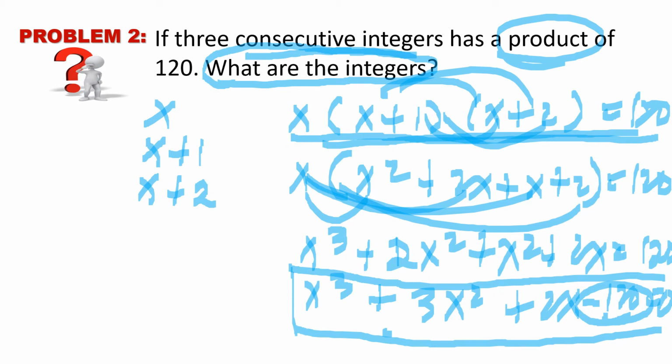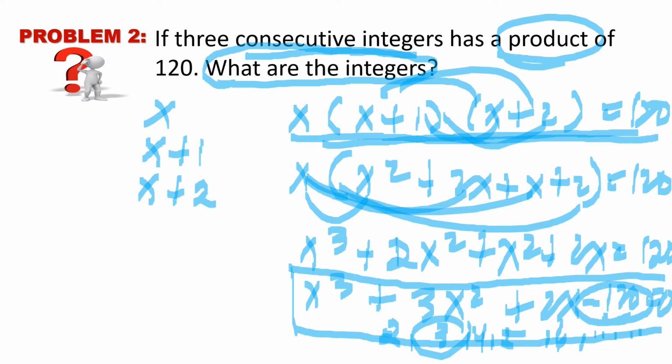But integers can be negative also. Now, let's have 2, 3, 4, 5, 6. What else? And all the other factors of 120. So, let's do trial and error again. Let's try 3. If x here is 3, let me use another color.